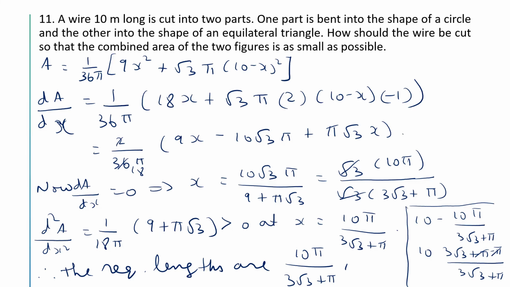And the other length is 30 root 3 divided by 3 root 3 plus pi. These are the two lengths in which the wire should be cut. That is, the length of the wire which should be bent in the form of a circle is of length 10 pi by 3 root 3 plus pi, and the other length which forms the equilateral triangle is 30 root 3 by 3 root 3 plus pi. So these are the required lengths.